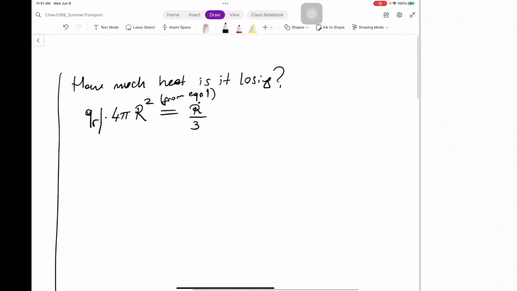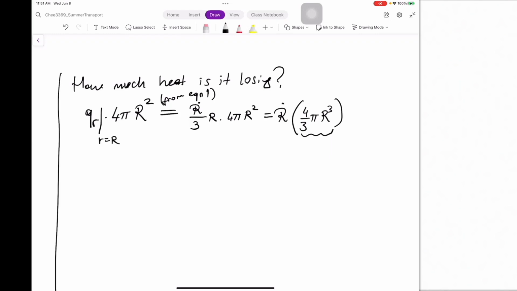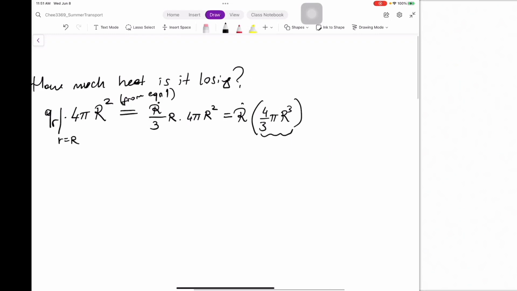But you need to calculate that at r is equal to capital R, times 4 pi R squared. And we find what? Fancy R dot times 4 over 3 pi R cubed. What is this 4 over 3 pi R cubed? Volume. Volume of the sphere. Excellent.